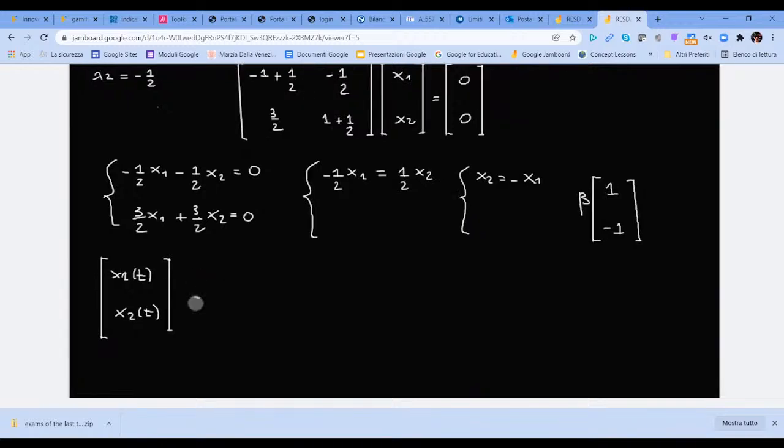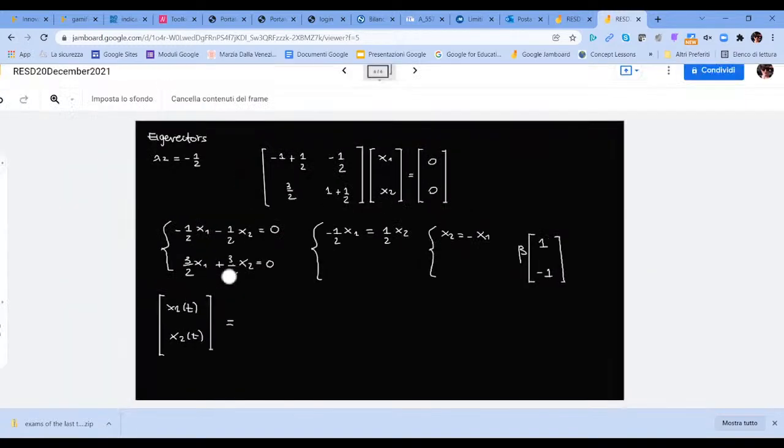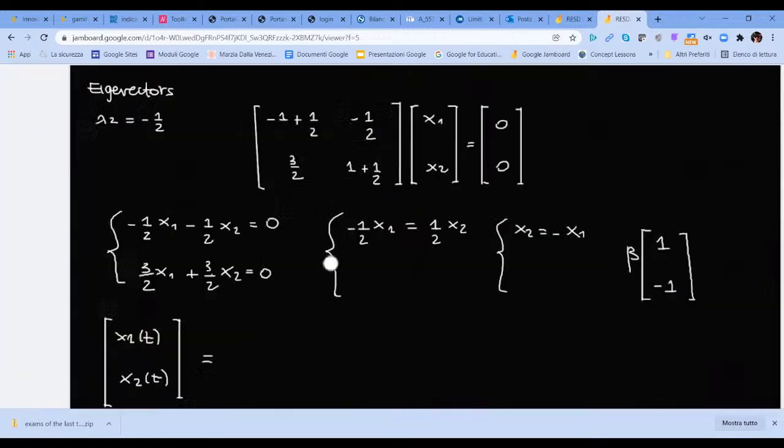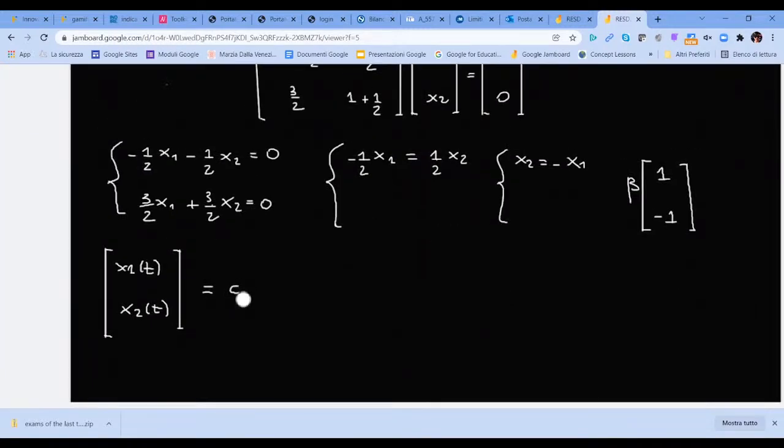And we have the first eigenvalue that corresponds to 1/2, it was 1 minus 3.